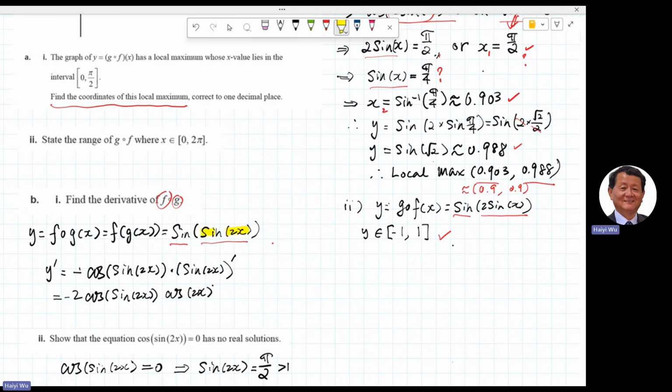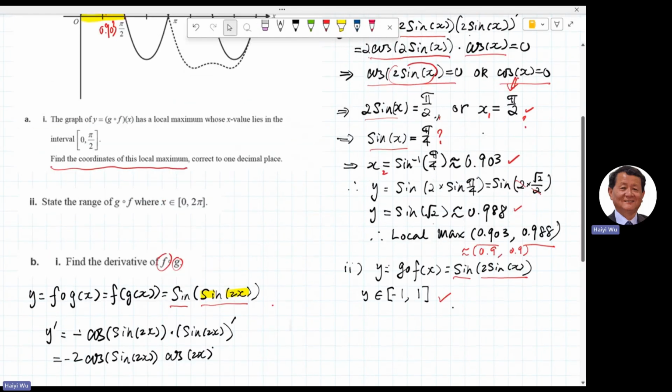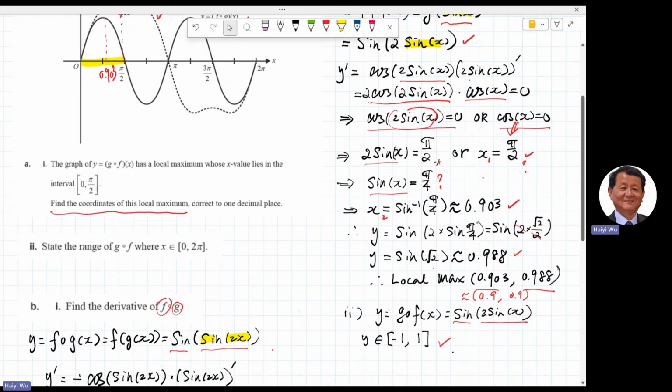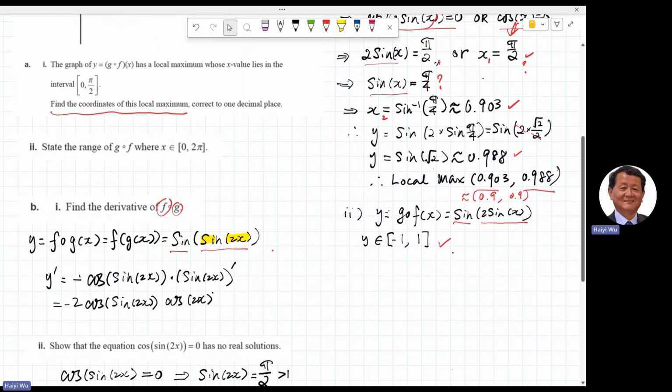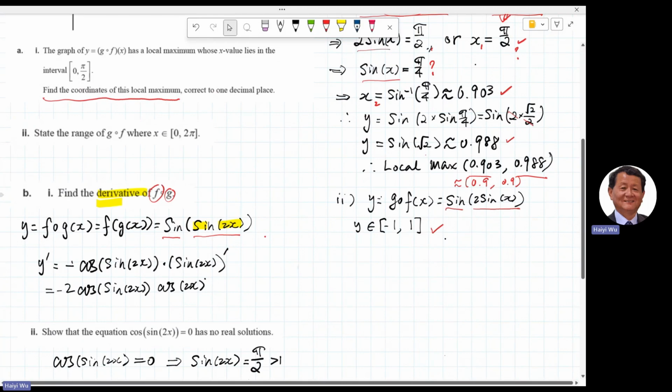So that's the second composite function, which is different to the first one. Then you need to differentiate, the derivative of f circle g.